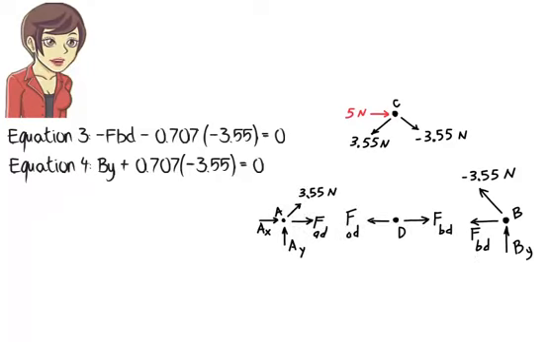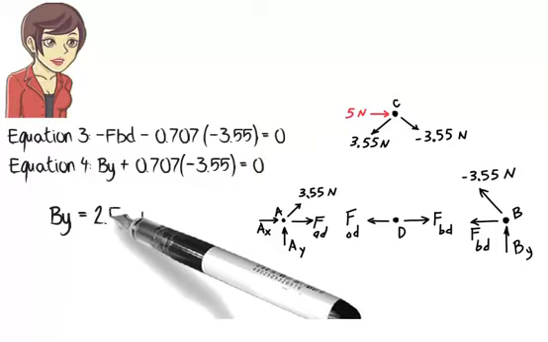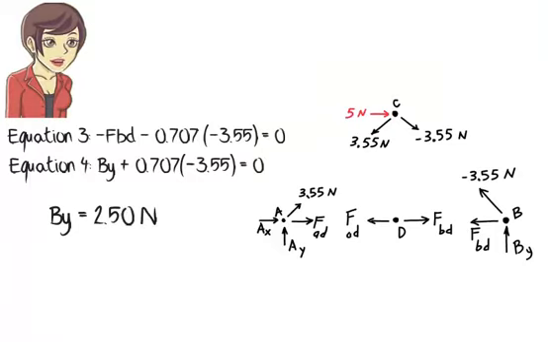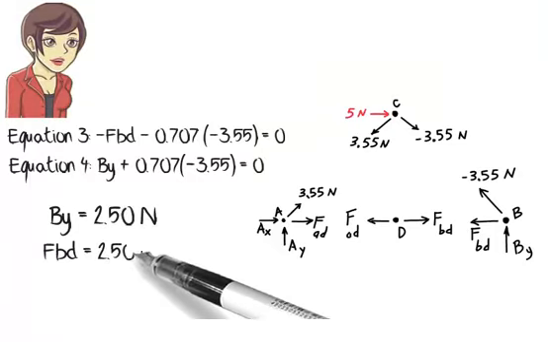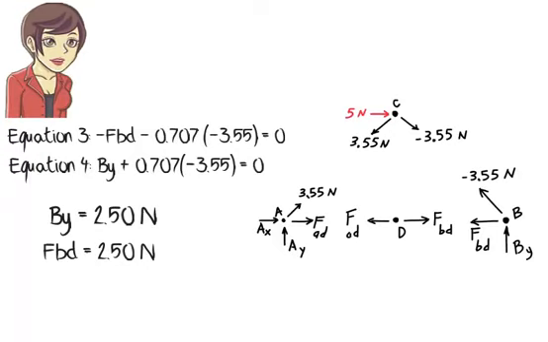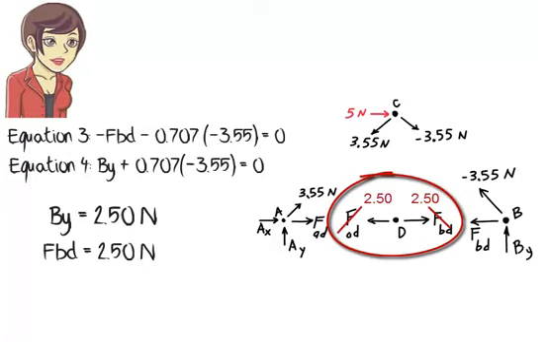Solving them for the unknowns, I get BY equals 2.5 newtons. FBD equals 2.5 newtons. If we now examine joint D, we can clearly see that FAD is also equal to 2.5 newtons.